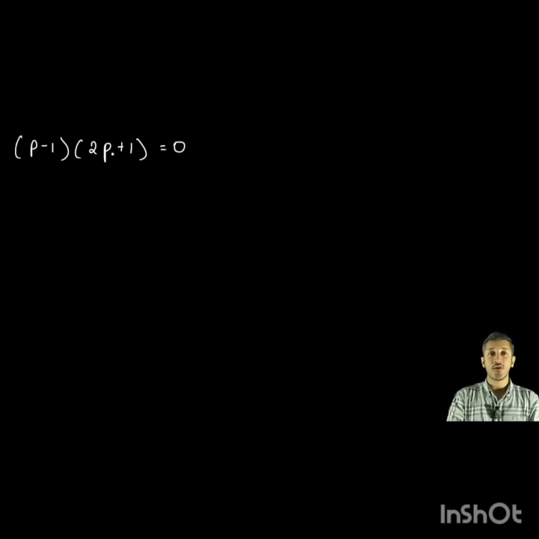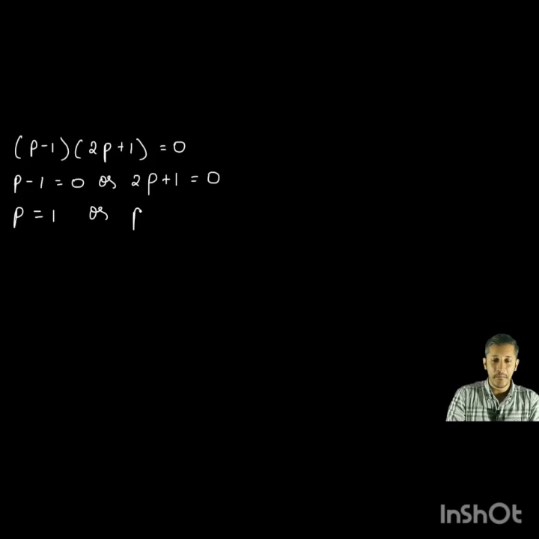Whenever the product of two factors is 0, at least one of them should be 0. So from here, p - 1 = 0 or 2p + 1 = 0. From here we get the value of p equal to 1 or p equal to -1/2.